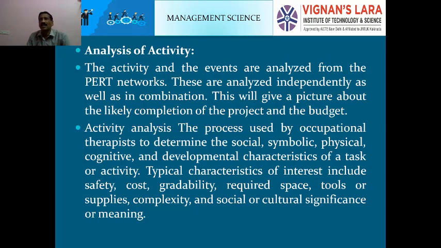That is, the timeline of each and every activity can be determined with the help of the time-based components. Already I said optimistic time, most likely time, and pessimistic time, where I am repeatedly using these three time components. Why? Because PERT is always based on these three time components. That is, the activity and the events are analyzed from the PERT networks.